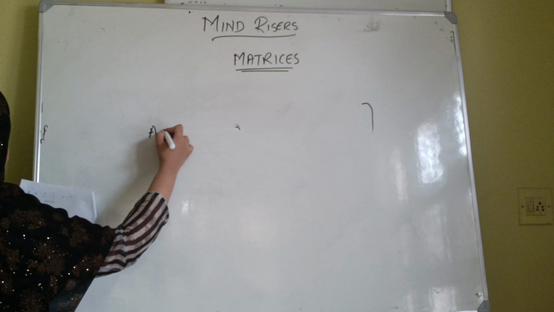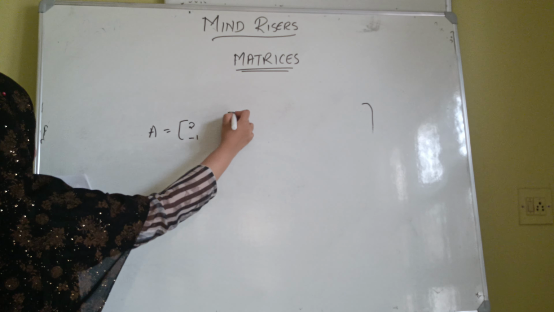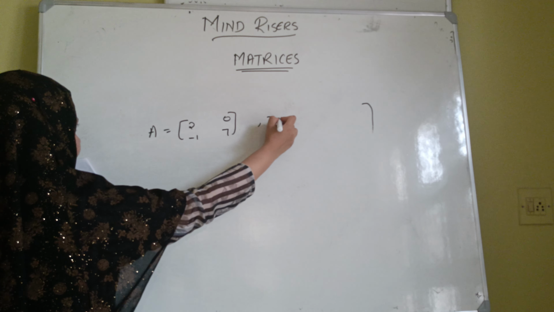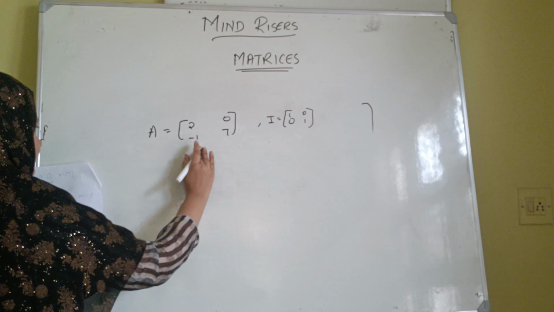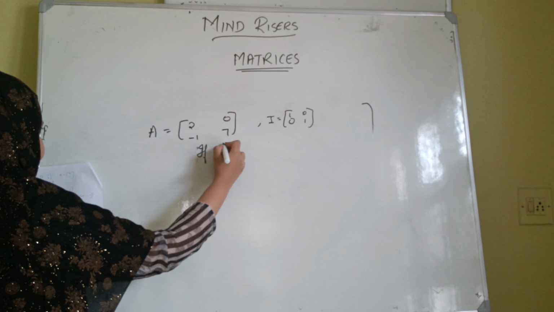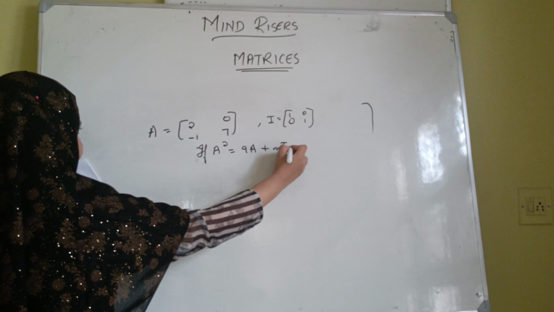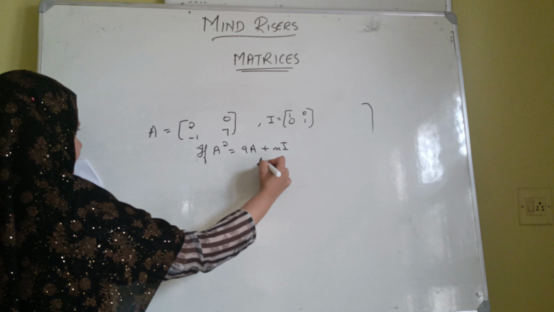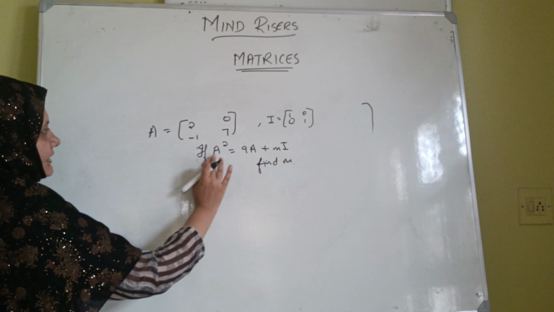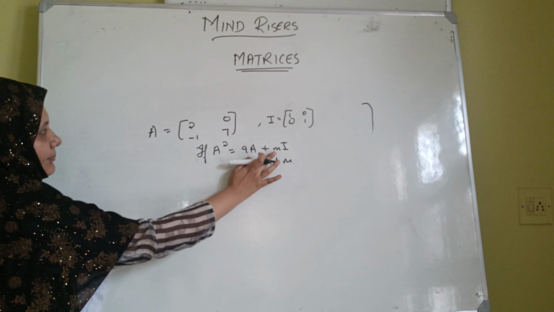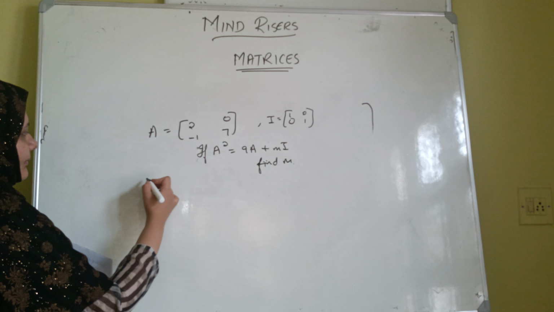So another last question for today. Question says A is given, I is given, and if A square is equal to 9A plus Mi, find the value of M. So it's a variable M, small letter m.